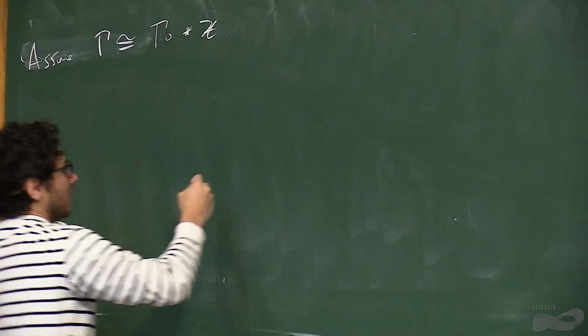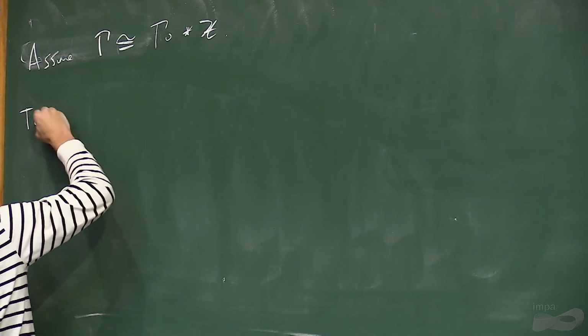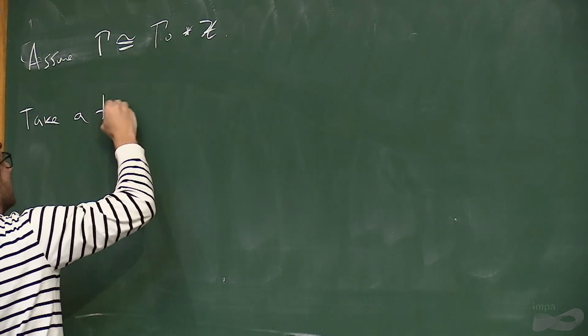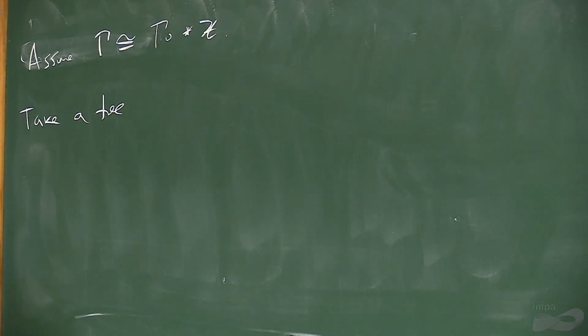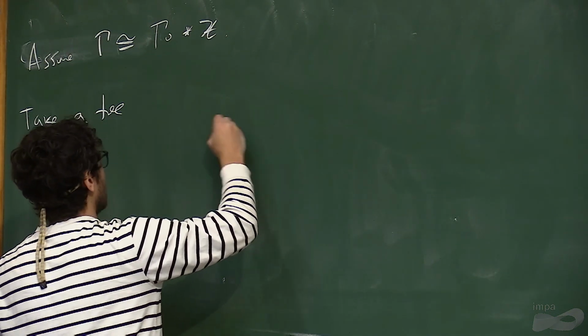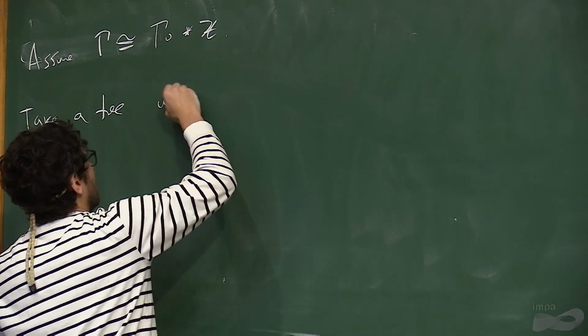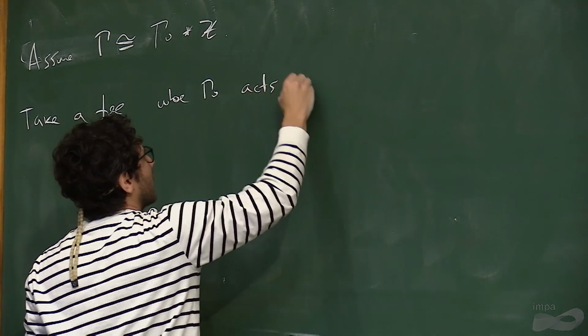And then let's take a tree. So for example, you can take the Bruhat-Tits tree of SL2C, take a tree where gamma 0 acts with a global fixed point.